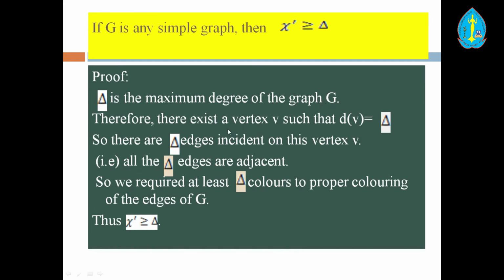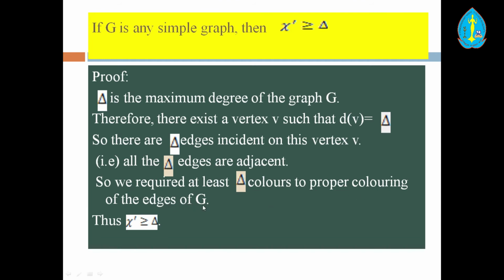Therefore, there exists a vertex V such that d of V equals delta, so there are delta edges incident at the vertex V. All these delta edges are adjacent, and in a proper coloring they have distinct colors. So we require at least delta colors for a proper coloring of the edges of G.